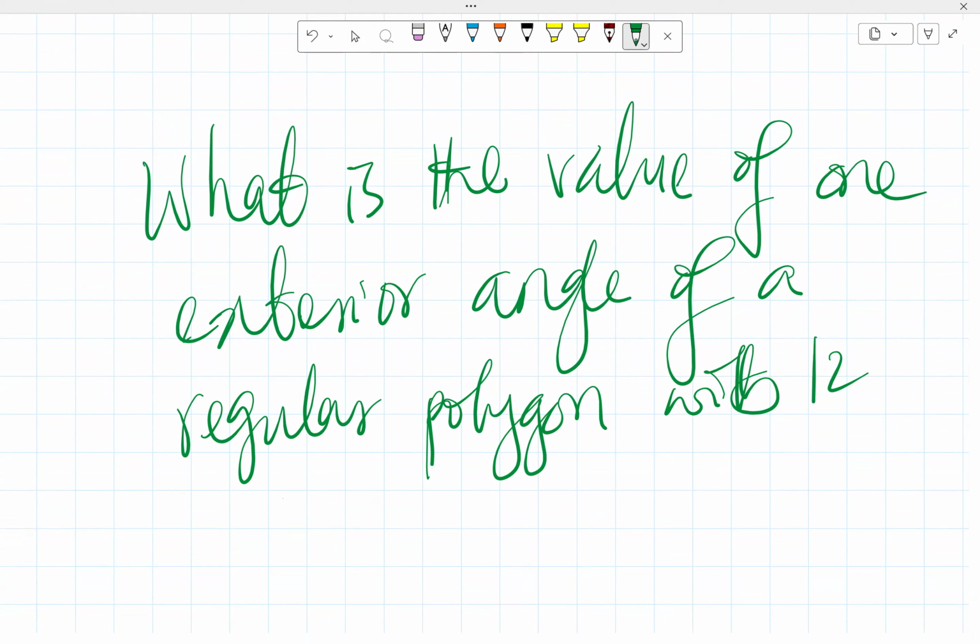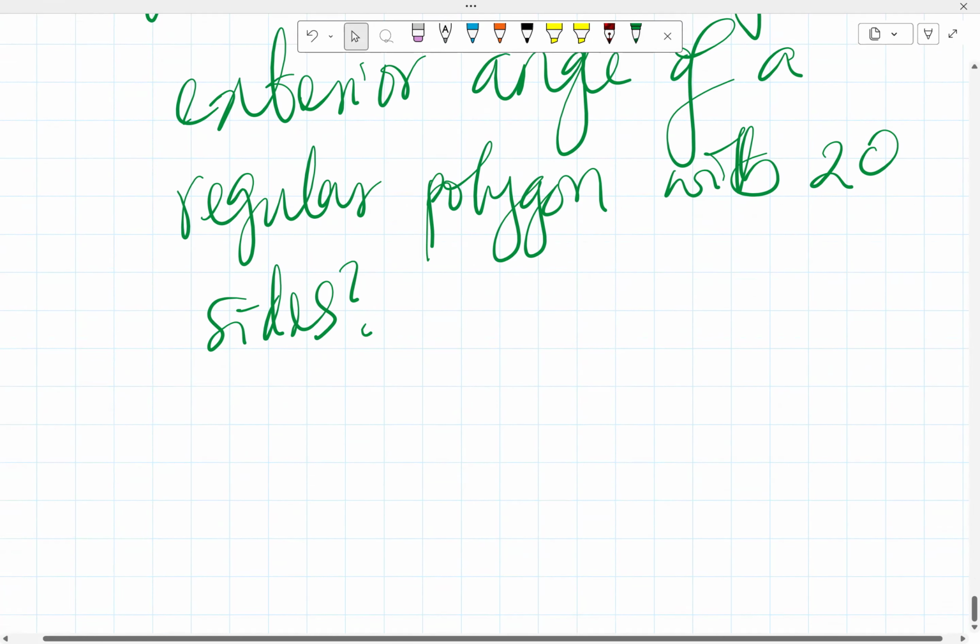Okay, well, let me say with 20 sides now. Polygons can have as many sides as possible. Okay, so what's the simple answer here?